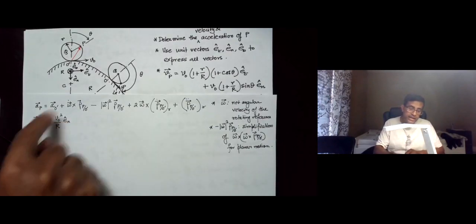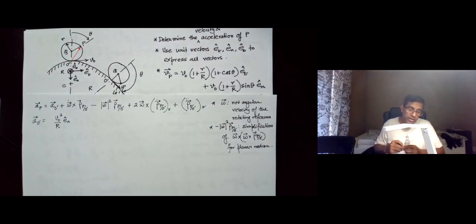So that's the centripetal acceleration of the point O prime.